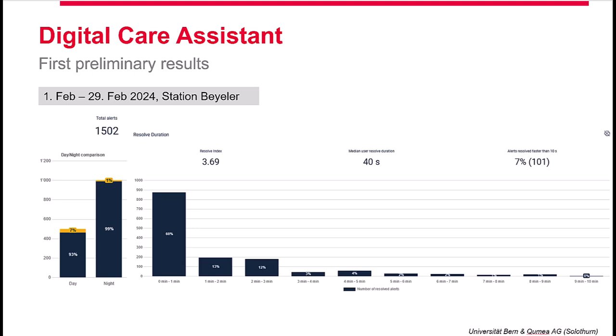And here you just see as an example the resolve duration. So you see that 60% of all requests were resolved within 1 minute. You see the large majority was resolved within 3 minutes. We are currently looking at whether this digital care assistant facilitates the care, especially during the night.